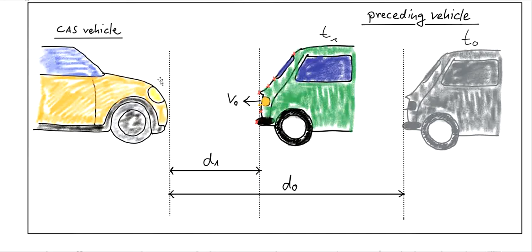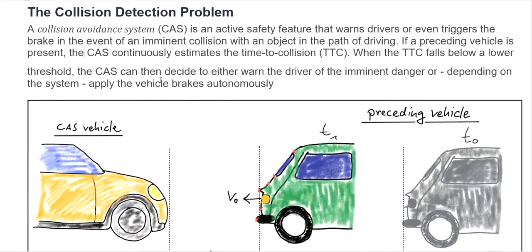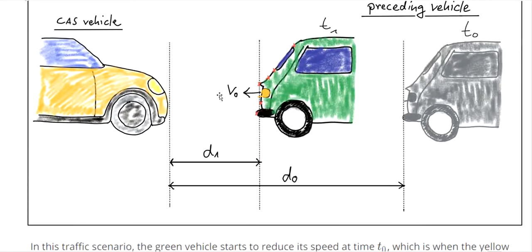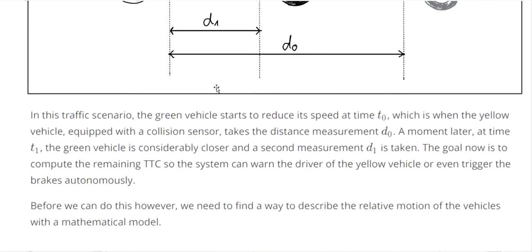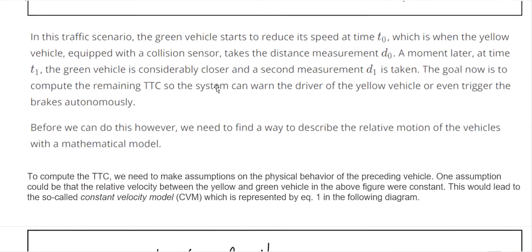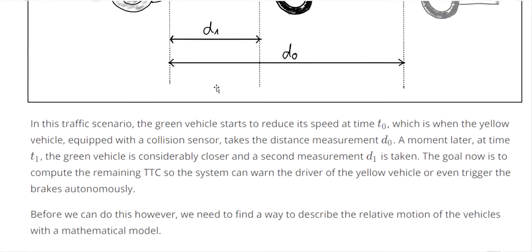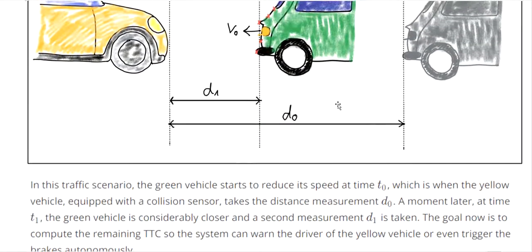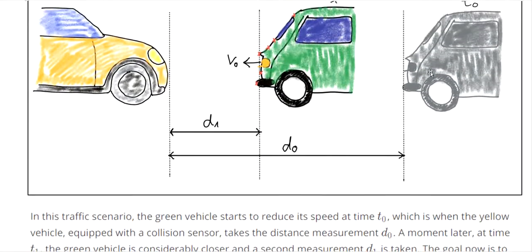So we calculate the TTC, time to collision. What is the threshold value? We need to calculate it. In the traffic scenario, the green vehicle starts to reduce speed at time t equals 0, when the yellow vehicle equipped with the collision sensor takes the distance measurement d0.